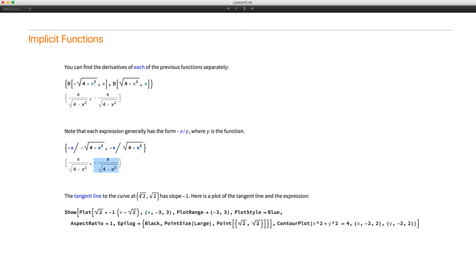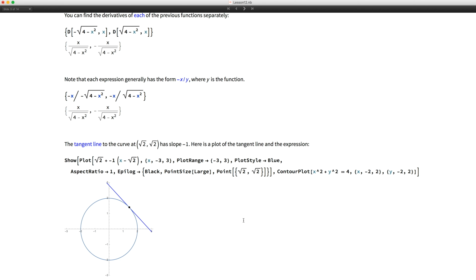If you plug in, let's say, square root of 2 and square root of 2, that point, then what you get back is a slope of negative 1 at x equal to square root of 2 for the upper branch. You can then plot the tangent line and the circle, and you see that's the correct solution.